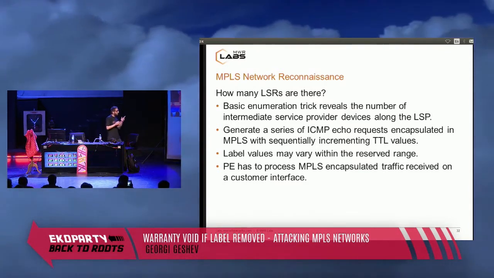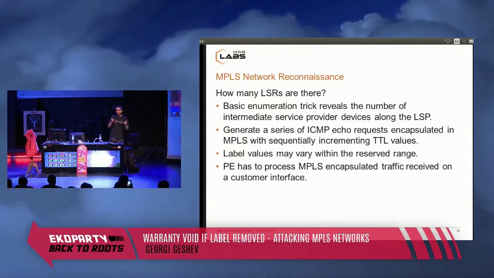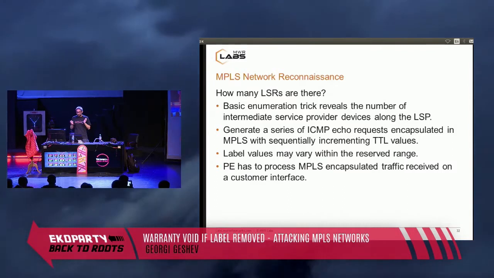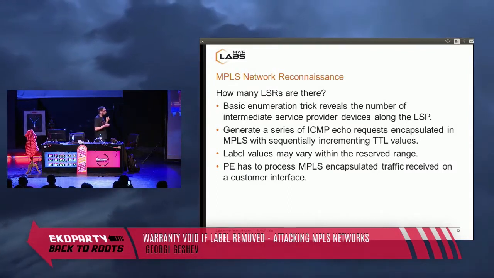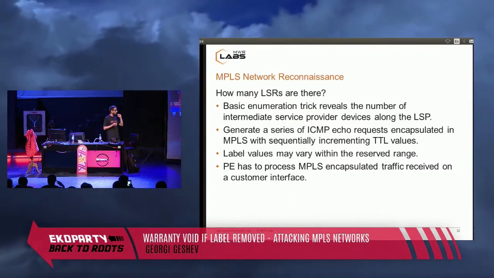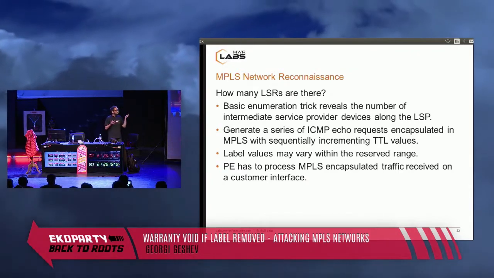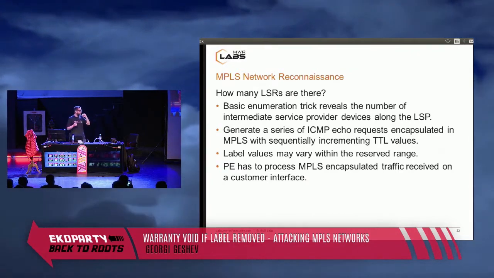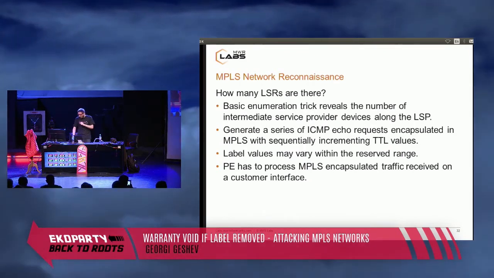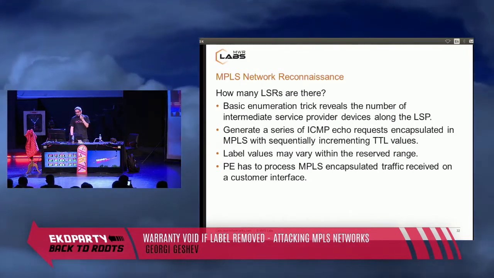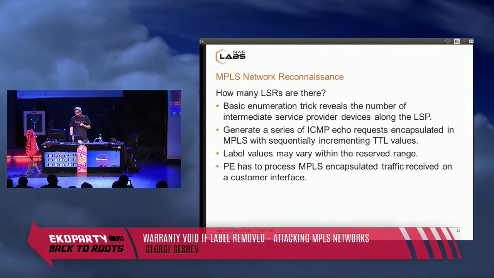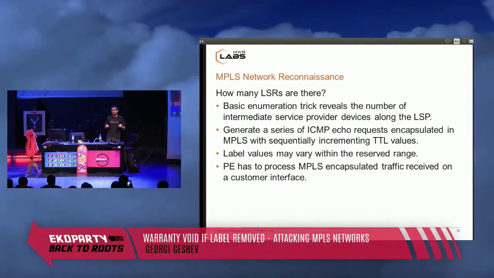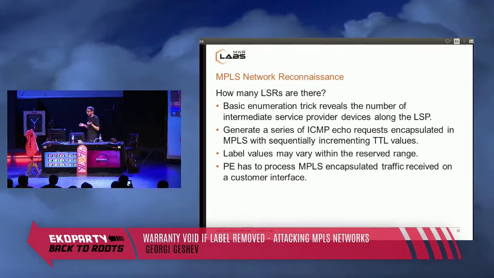The label that we use for the MPLS encapsulated traffic may vary per vendor. In most cases, I found that this is only possible when you set the label to 0. And as I said, 0 to 16 are reserved labels. A prerequisite for this attack to work is to have the PE device processing MPLS encapsulated traffic from the customer.